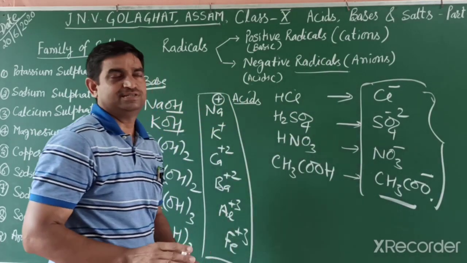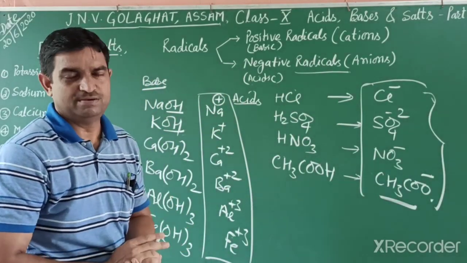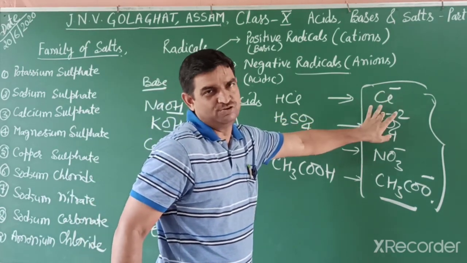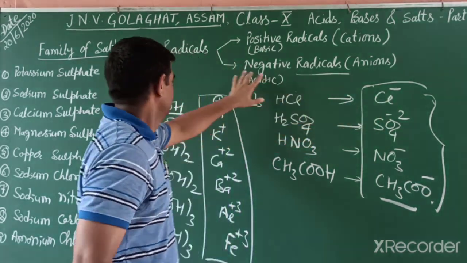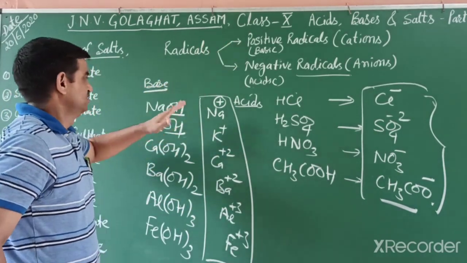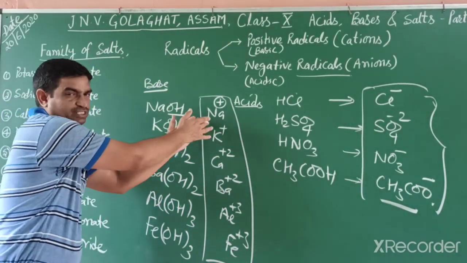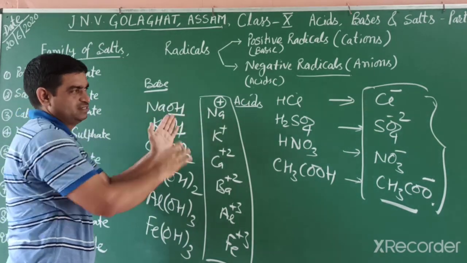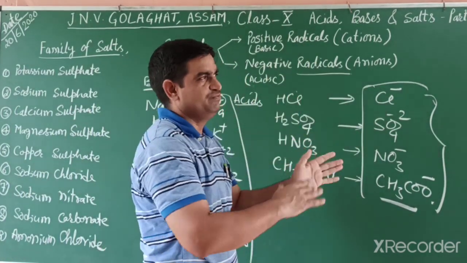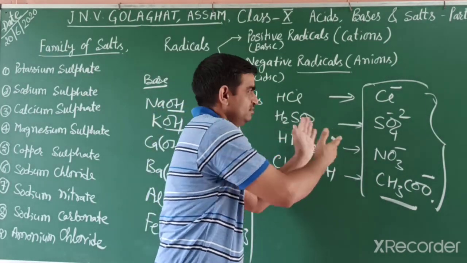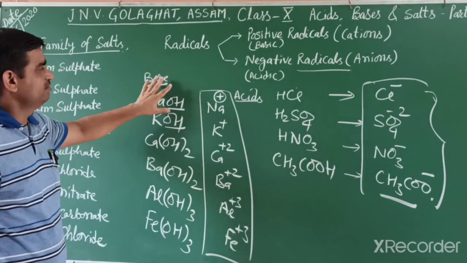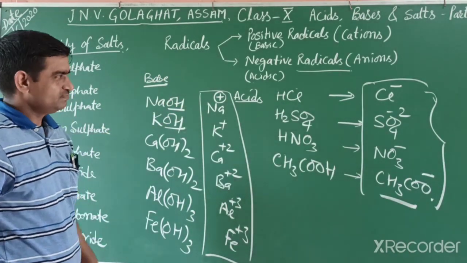A radical is an atom or a group of atoms that contains charge. When it has a negative charge, it is an anion or acidic radical. When it has a positive charge, it is a basic radical. Basic radicals we get from bases and acidic radicals from acids. When we remove hydrogen from an acid, we get the acidic radical. When we remove the hydroxyl ion, we get the basic radical.